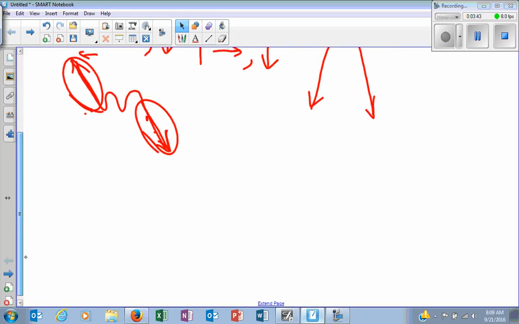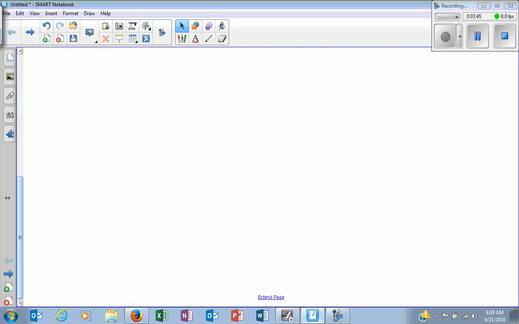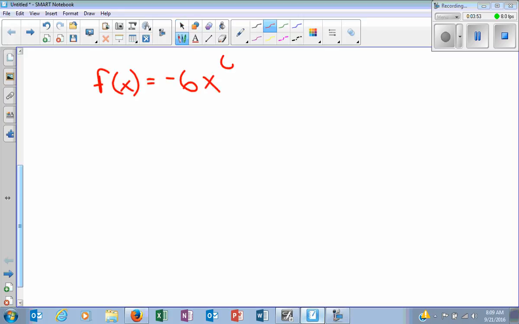Here's an example question of what they can ask you. If I say f of x equals negative 6x to the 6th. What is A? Do I care about it being 6? What do I care about?